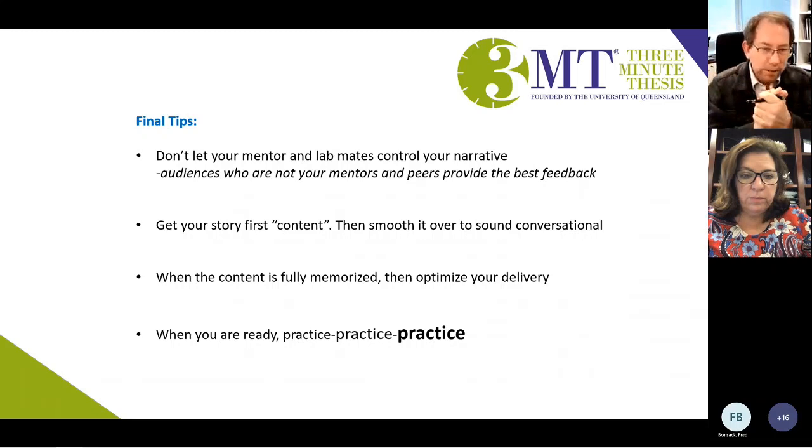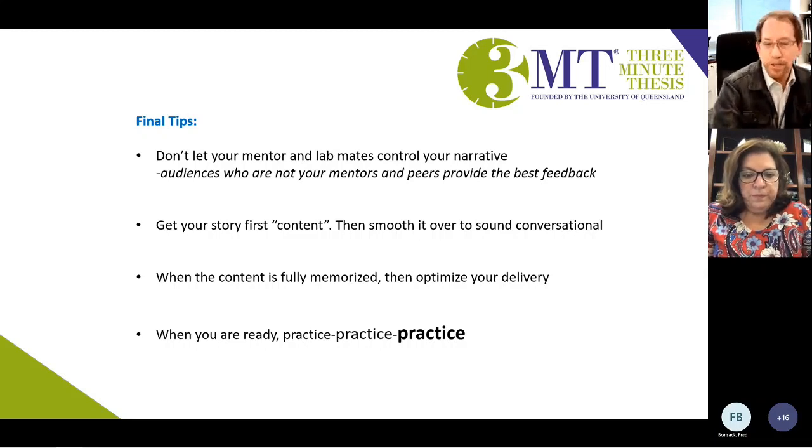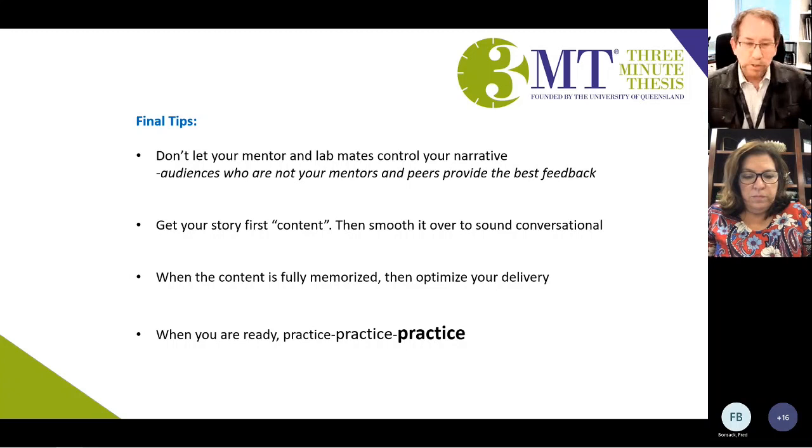So the second thing, again, is your content. In terms of getting your content, going back to this one again, try to discuss it with family members, or if you've got colleagues or peers that are not doing research like you are, they're doing something else. Talk to them about your research, and see if you've identified the impact of your research.